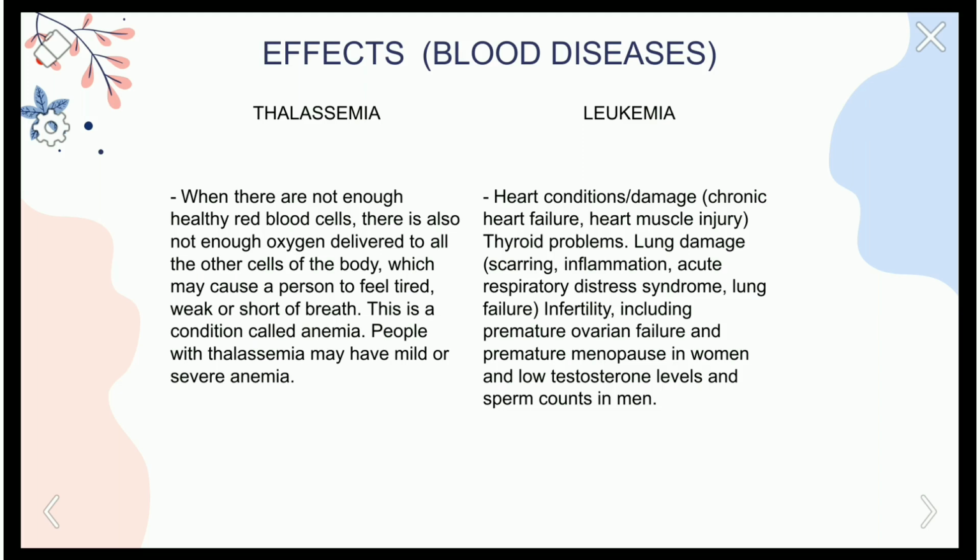For leukemia, the effects include heart conditions or damage such as chronic heart failure and heart muscle injury, thyroid problems, lung damage such as scarring, inflammation, acute respiratory distress syndrome, and lung failure, and infertility including premature ovarian failure and premature menopause in women, and low testosterone levels and sperm counts in men.